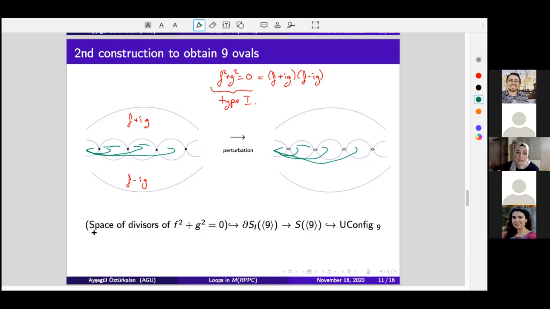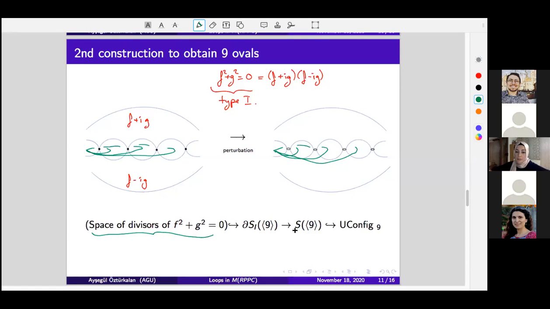So our problem turns out we will use the space of divisors obtained by the intersection of two cubic curves. And this space of divisors will lie in the boundary of S9 empty oval type 1 curves.